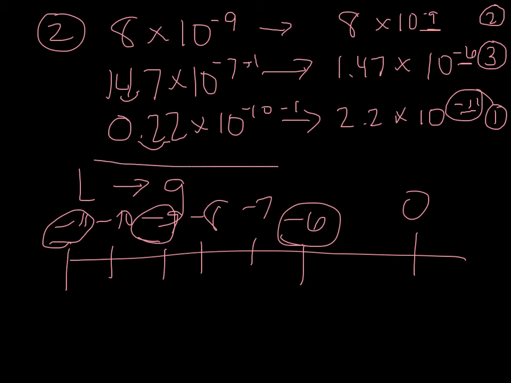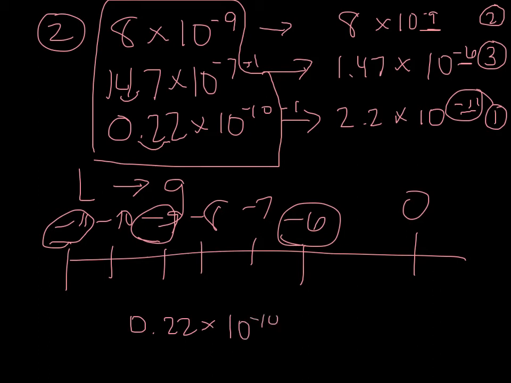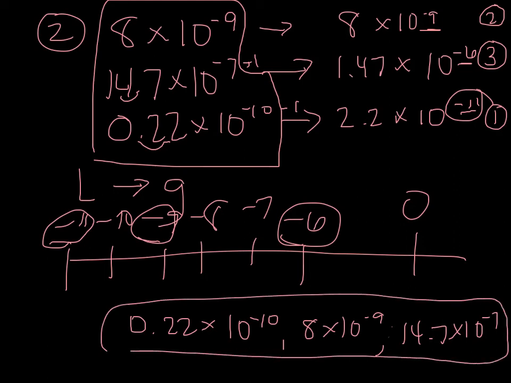You would have to go back and write our original numbers. Okay, so for this one, my smallest would be 0 and 22 times 10 to the negative 10th. Then it would go 8 times 10 to the negative 9th. And then it would go 14 and 7/10 times 10 to the negative 7. Okay, so this is how you write your answer on your homework.